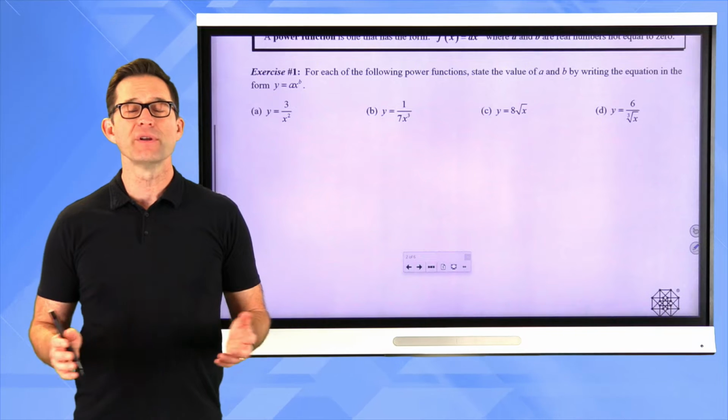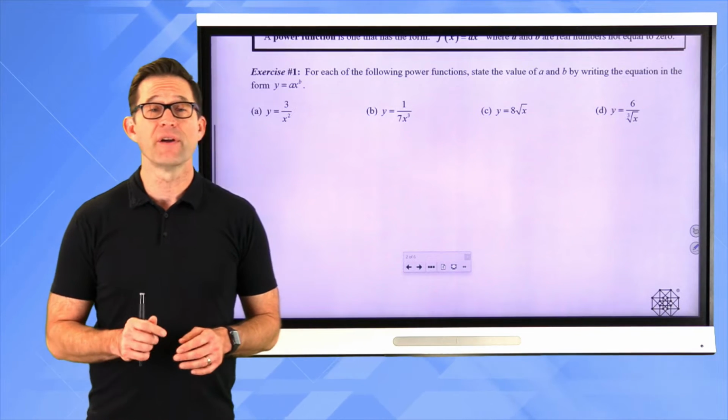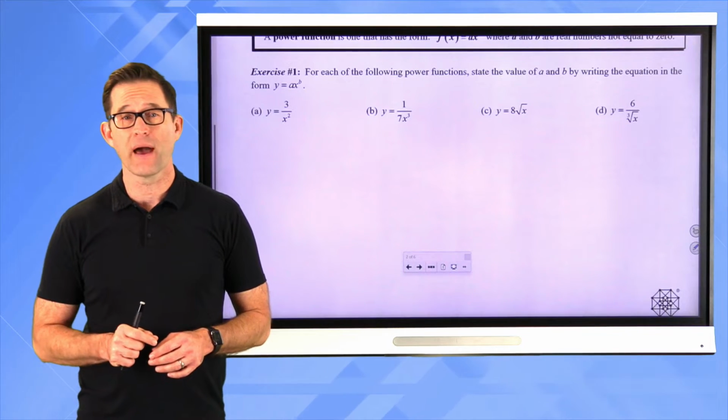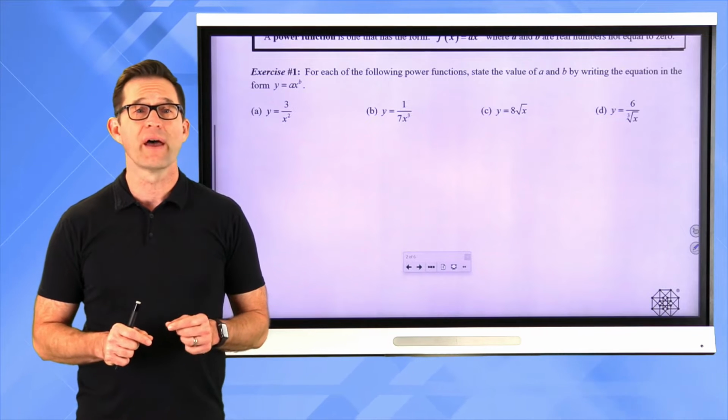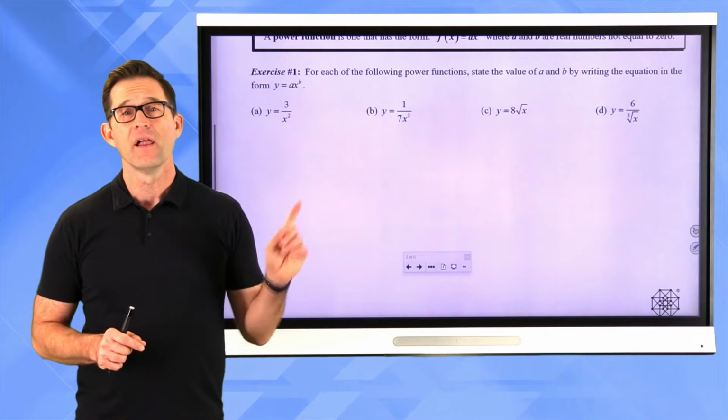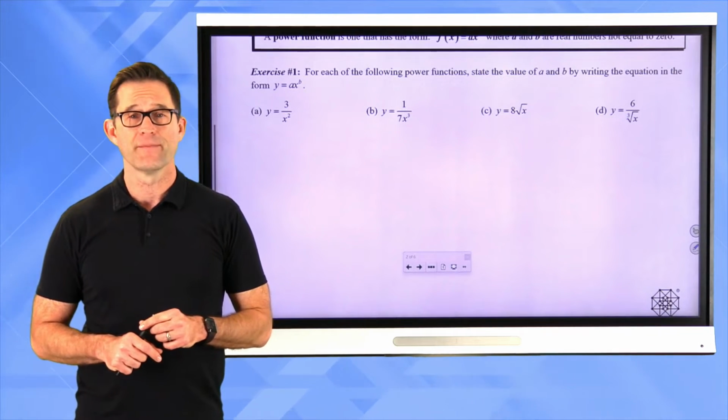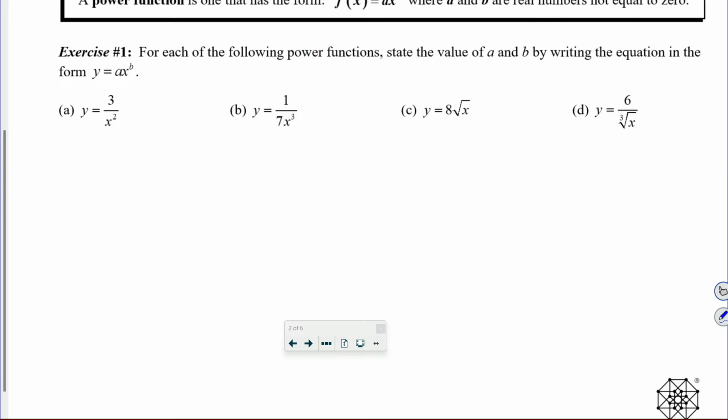All right, this is pretty simple, and it is a skill that's very, very important, especially in both pre-calculus and calculus, two courses I hope all of you are planning to take. Let's take a look at letter A. Y equals 3 divided by x squared. Great.